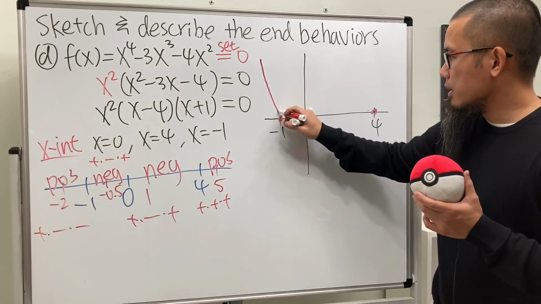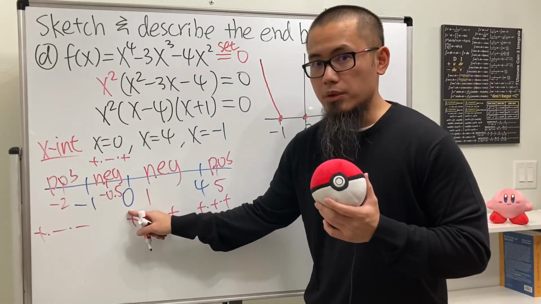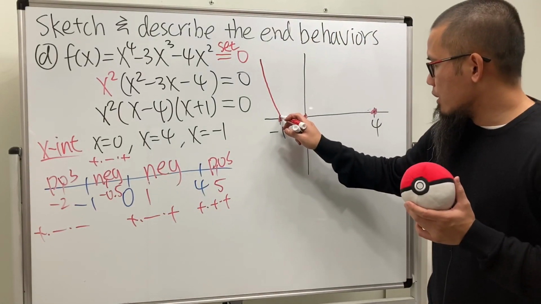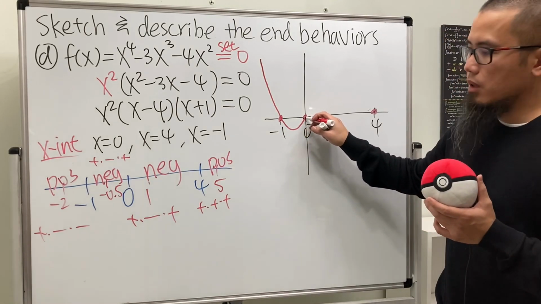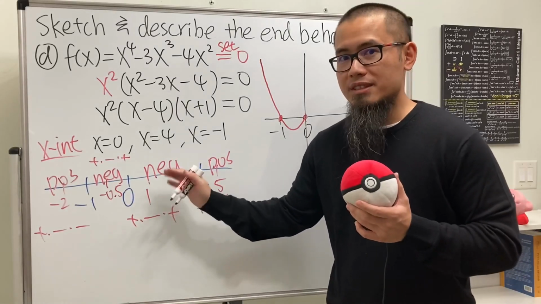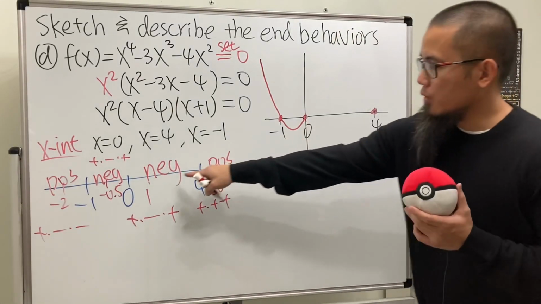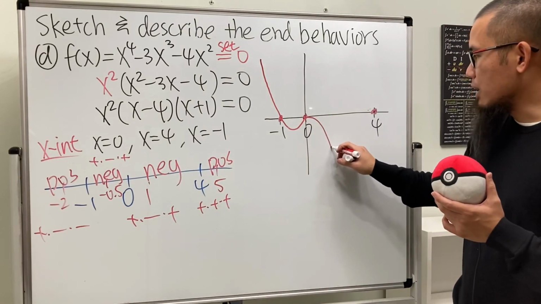Come back down, hit this, good. And then in between negative 1 and 0, it's negative. So we have to go down and then come back up to hit the 0. But after 0, the graph will have to stay below the x-axis because we get negative. So we just have to curve it down like this to somewhere.